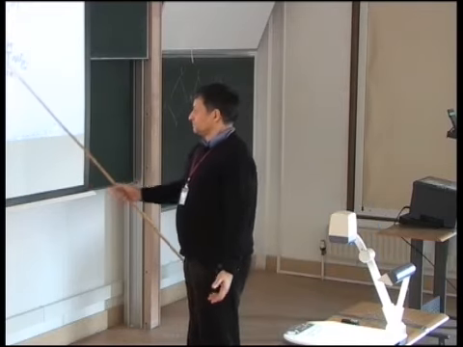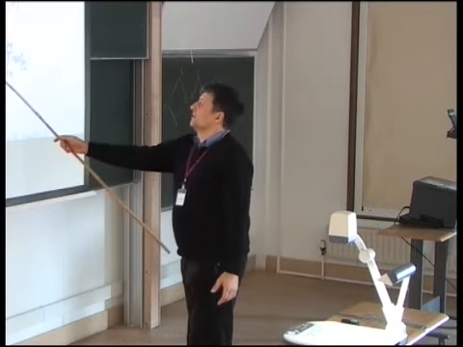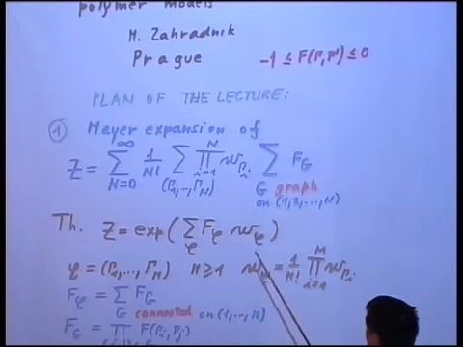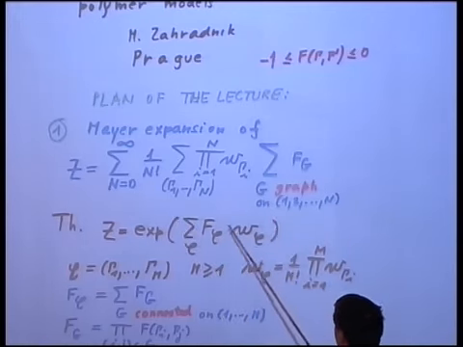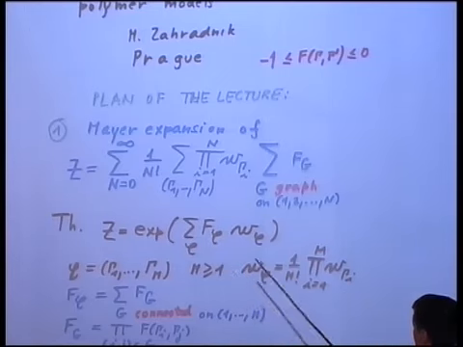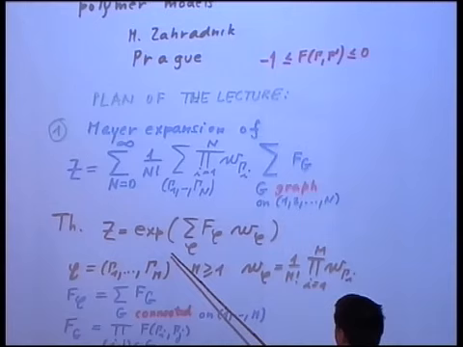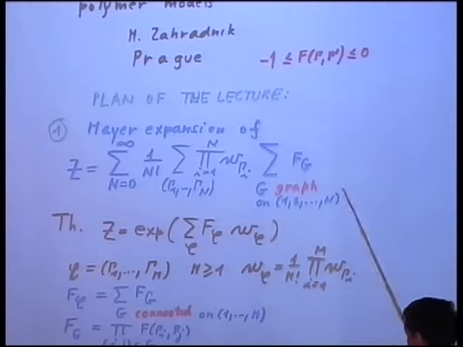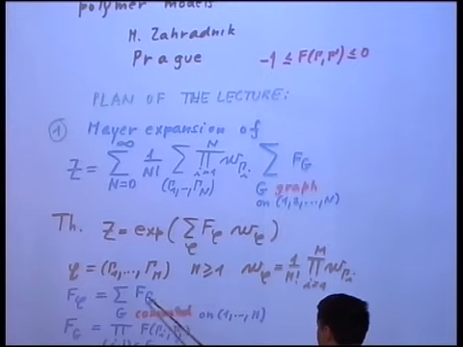So the result of expansion is that the polymer partition function is written as exponential of the sum of clusters. Clusters are collections of polymers which are connected in a way that this term is non-zero.